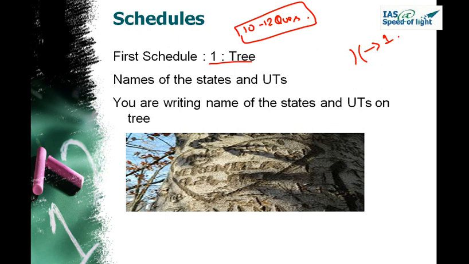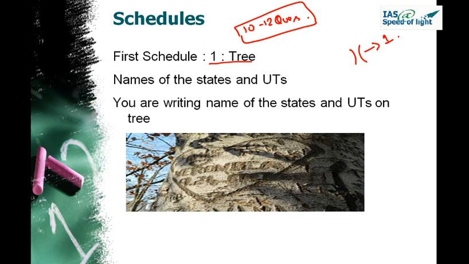So first schedule, that is 1, tree, we are linking it with the names of the states and union territories. Straight away in UPSC, they have asked this question maybe 2 times about the first schedule only. So first schedule, first one is the tree for us, and you're writing the names of the states and union territories on that tree.